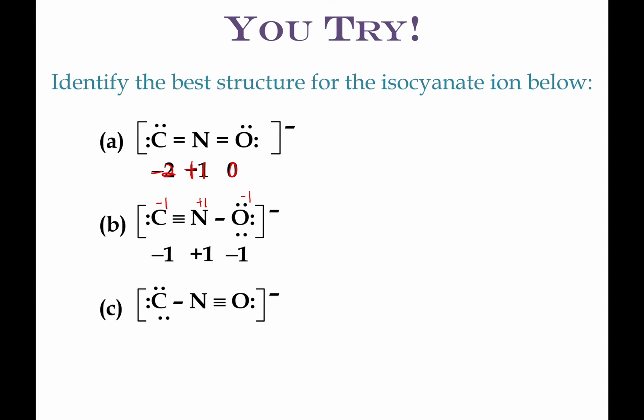Carbon wants 4, it has 1, so it's -3. Nitrogen wants 3, it has 4, so it's +1. And oxygen wants 2, it has 3, so it's +1. And again, the formula works for all of these if you want to try that. But anything that follows the octet rule, for sure, this way works as well.